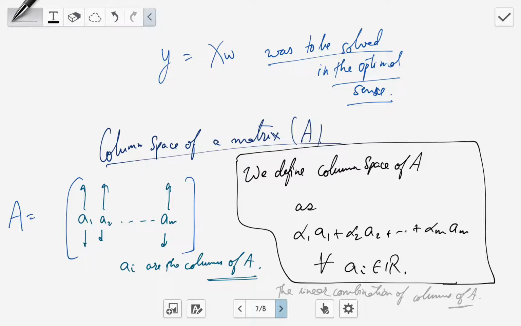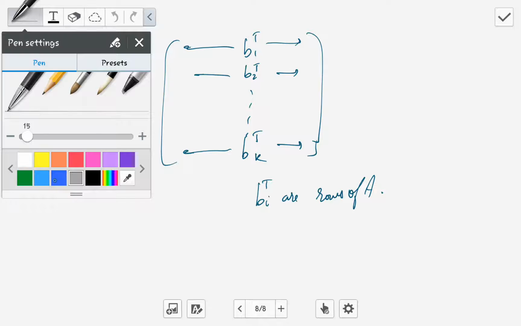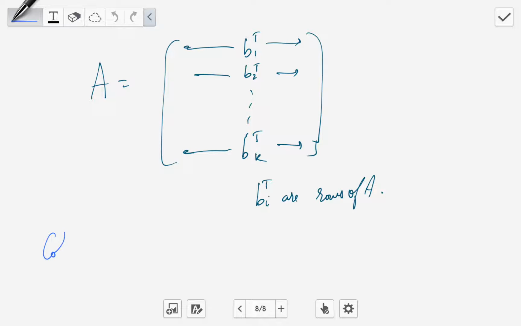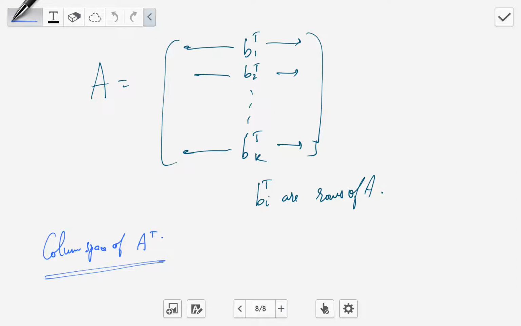Fine, this is done. Now similarly, if I want to define the column space of A transpose, this here is the column space of A. Let me write A transpose here. A transpose will be B1, B2, so on up to Bk.